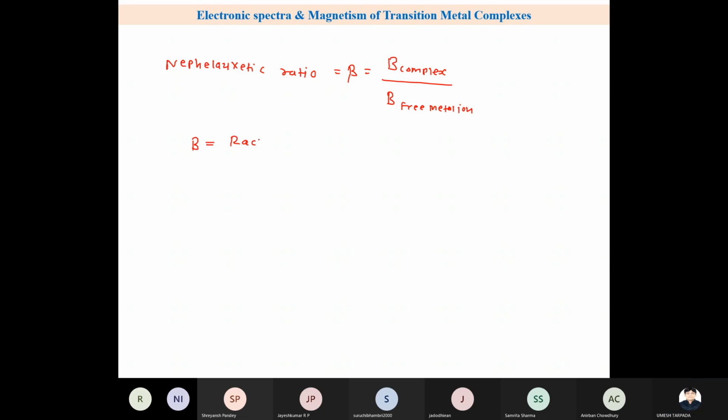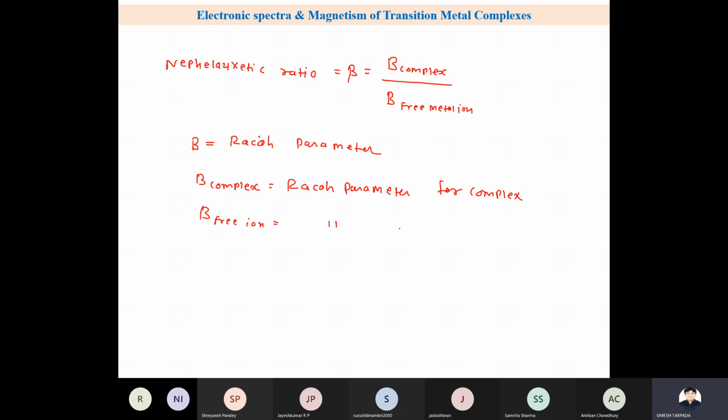B complex is the Racah parameter for the complex, and B free is the Racah parameter for the free metal ion.